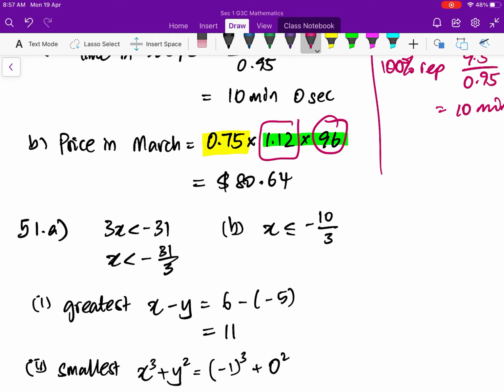Okay, pause. Nearest cent? Correct. Okay, so where's the confusion?